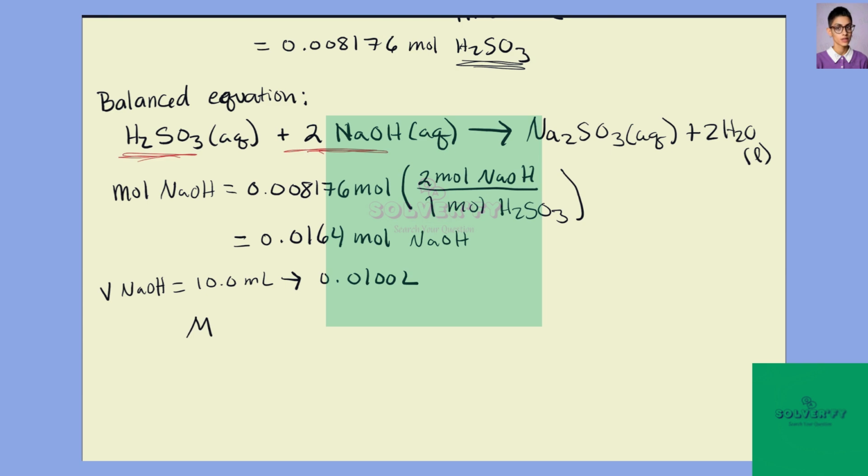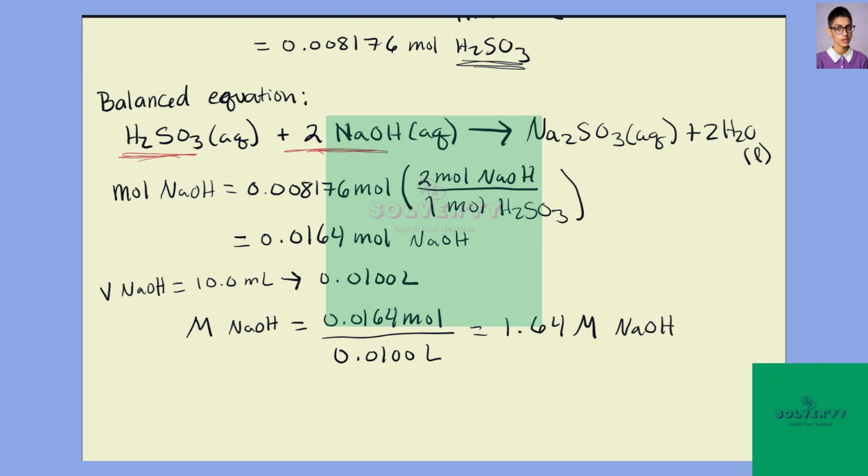So the molarity of NaOH is equal to 0.0164 moles divided by the volume, 0.0100 liters. So our molarity is equal to 1.64 molar NaOH. And this is how we solve for the concentration of NaOH.